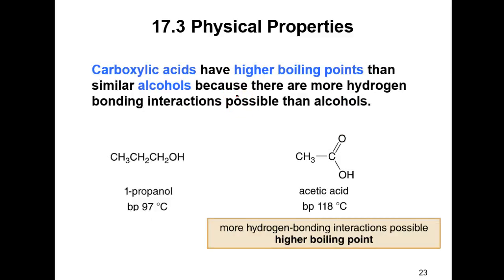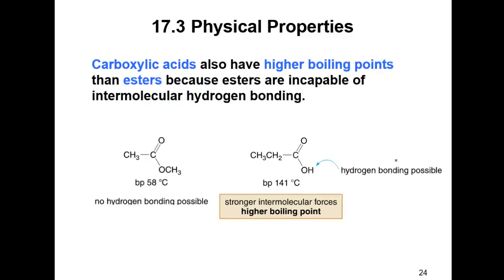Carboxylic acids have the highest boiling points of all the functional groups, higher than alcohols. You can see that the alcohol is 97, but the corresponding acid has about a 20-degree higher boiling point because you have more hydrogen bonding areas to it.